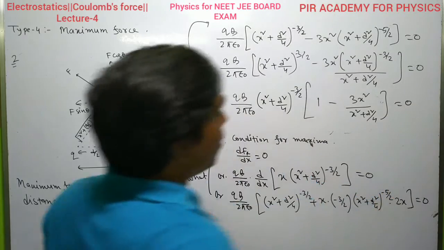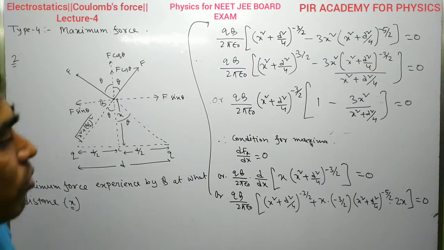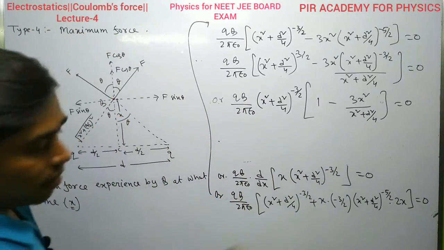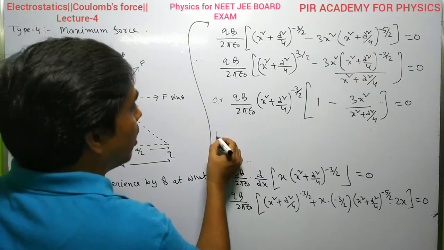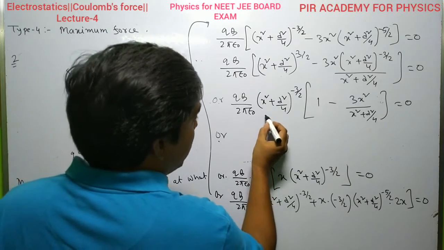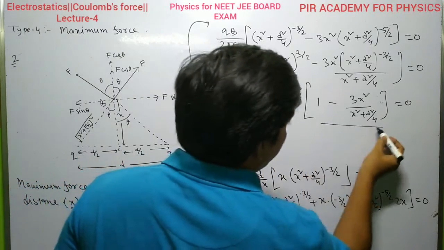This will be 0. So either this must be 0 or this must be 0.